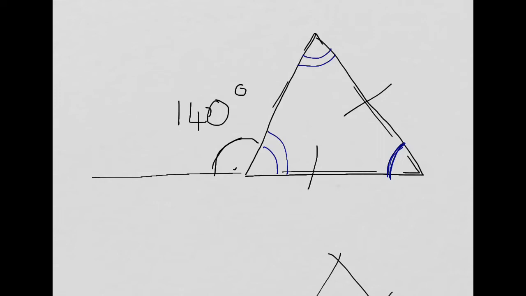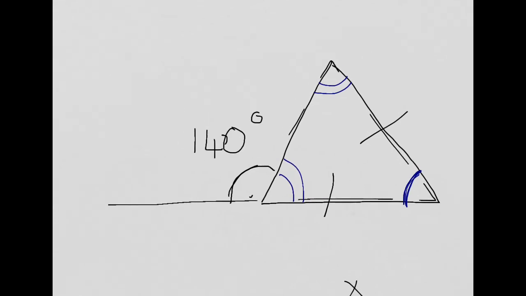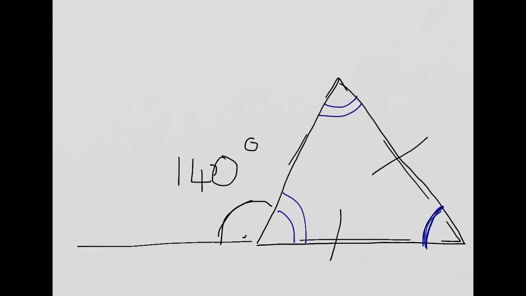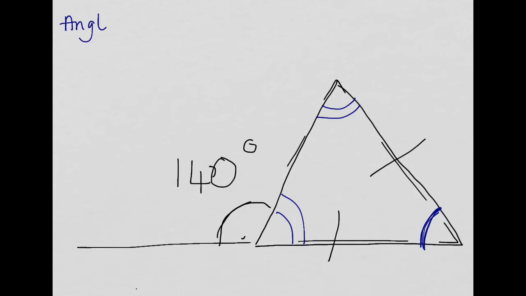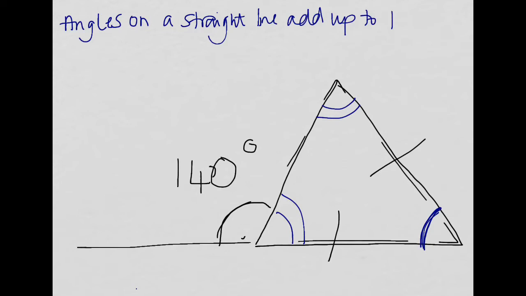So how do I work out my angles? Well, remember you should be writing your rules. And I should write: angles on a straight line add up to 180 degrees.